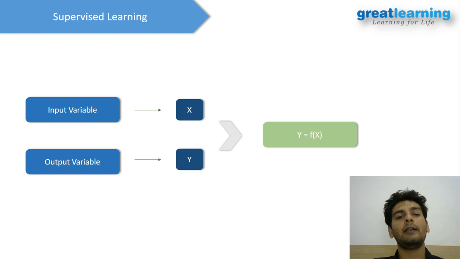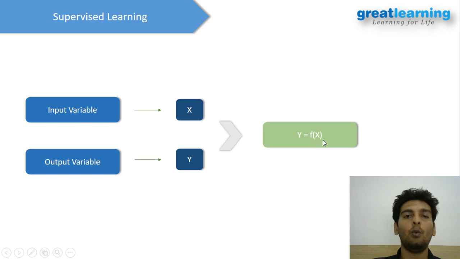Now in supervised learning, we have something known as the output variable and the input variable. And the data items actually have a class label associated with them. The output variable is denoted with y and the input variable is denoted with x, and we are basically trying to find out how y varies with x.